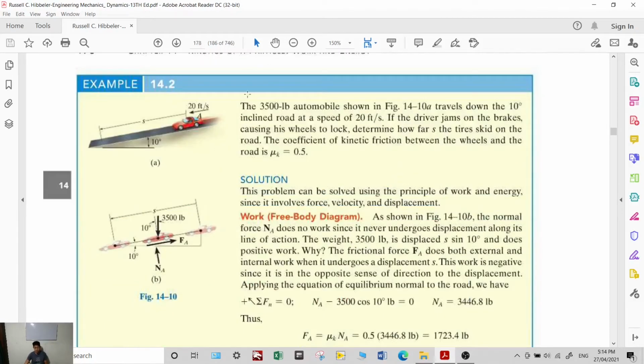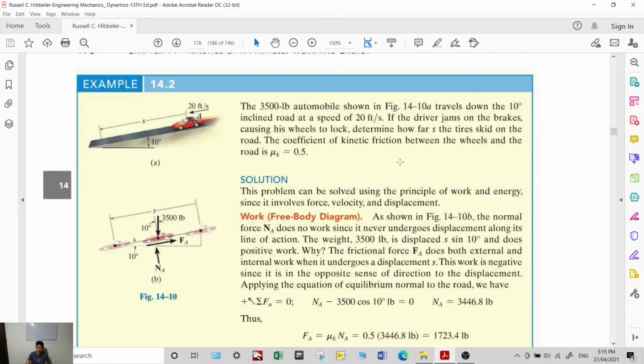This one. You have a 3,500 pound automobile traveling down a 10 degree inclined road at a speed of 20 feet per second. If the driver jumps on the brakes, causing his wheels to lock, determine how far the tires skid on the road.